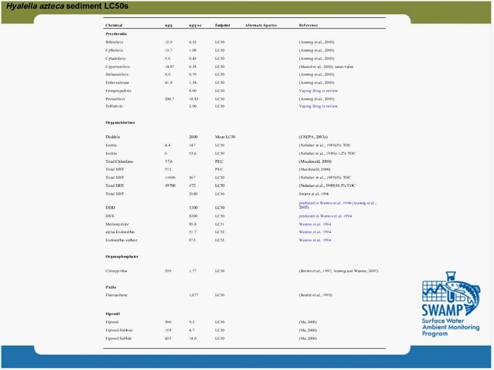We have LC50s for a whole suite of pyrethroids, a bunch of organochlorines, a couple of organophosphates, and at the bottom there is fipronil, and we have some values for PAHs. The idea is we're not only using the sediment quality guideline values, but also specific LC50s so that we can say something specific about a sediment sample and the likely cause of toxicity in that particular sample. And we're continuing to build on this data set.